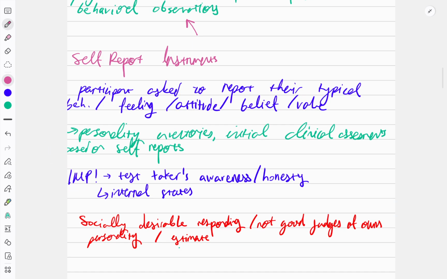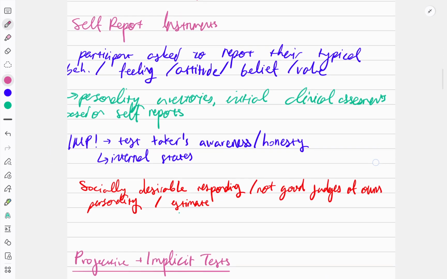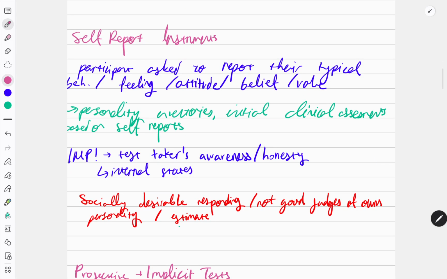So self-report instruments, participant is asked to report their typical behavior, feeling, attitude, belief, or value in self-report instruments. So these things can be helpful because we don't really have to put a lot of effort.